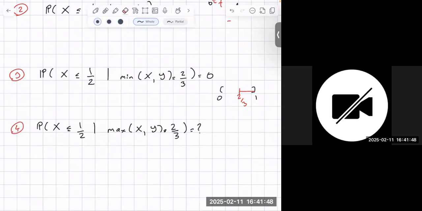Well, 2/3 is bigger than half. So there is a probability that X can be less than half now. I don't know. We have to think about this. Like, what if X is the maximum? Then I already know it's 2/3. But if X is not the maximum, then it has a chance, exactly as you said.